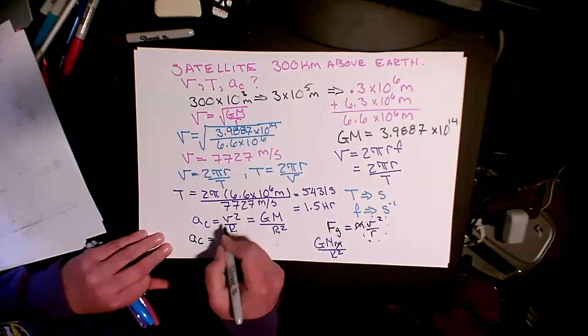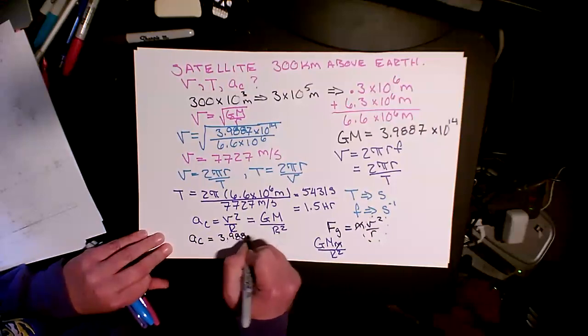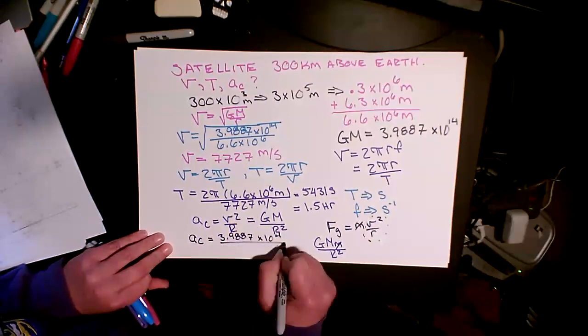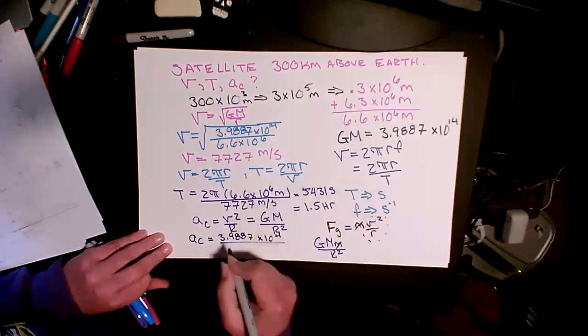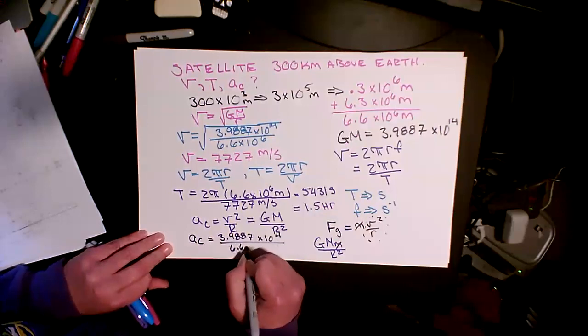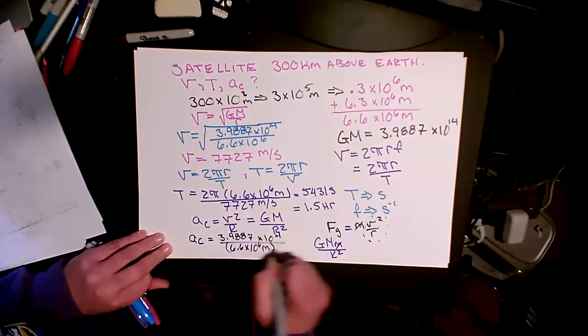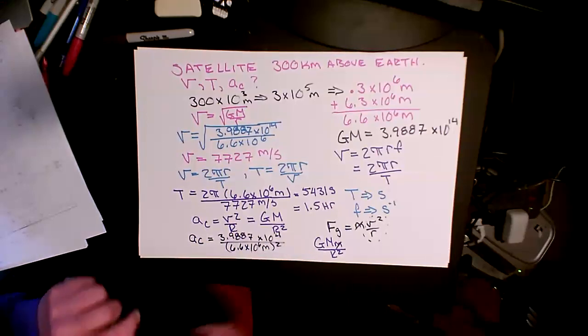Well, we wrote out that GM is 3.9887 times 10 to the 14th divided by r squared, 6.6 times 10 to the 6th meters, and that quantity is squared, and let's see what we get.